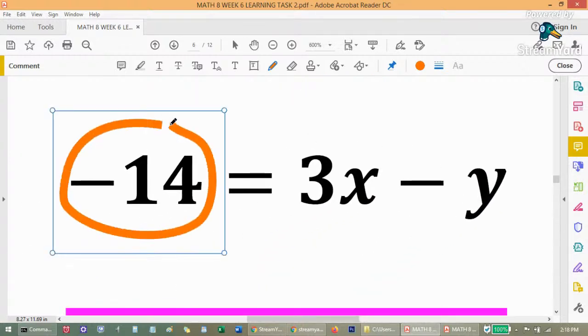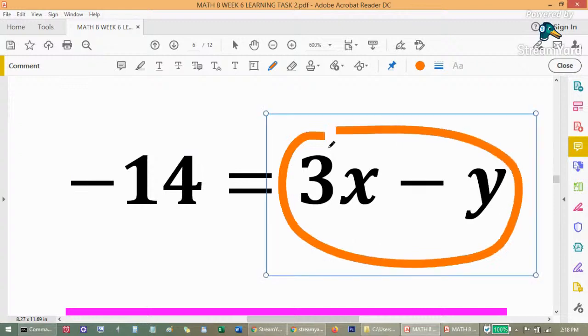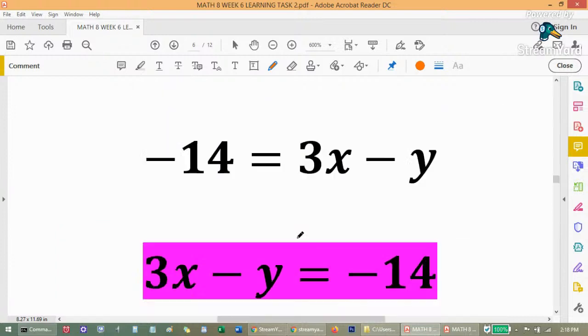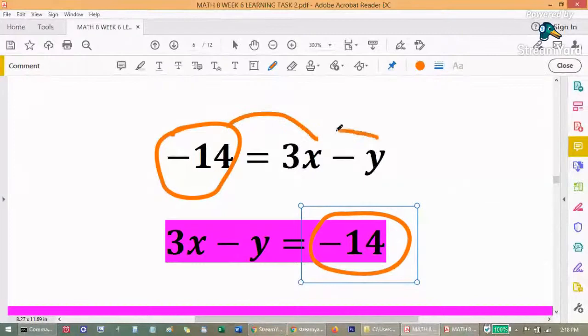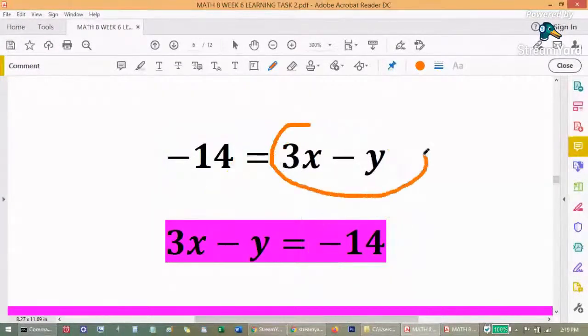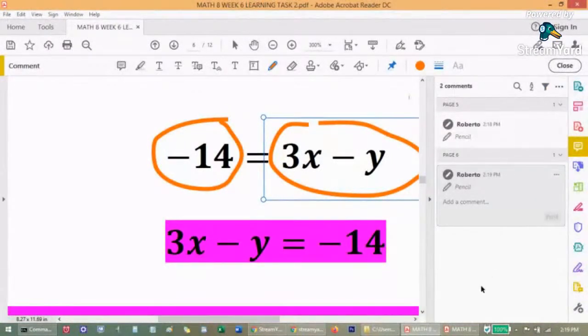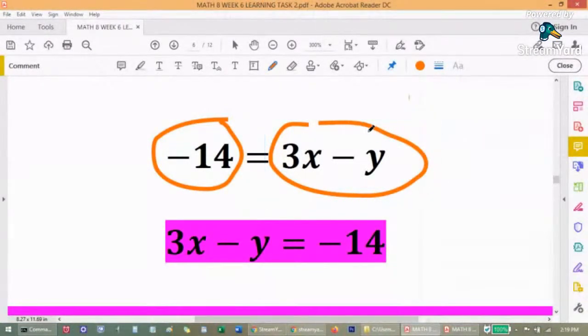So, negative 14 is equals to 3x minus y. Binaligtad lang natin yung dalawa. Pinagpalit lang natin yung position nila.